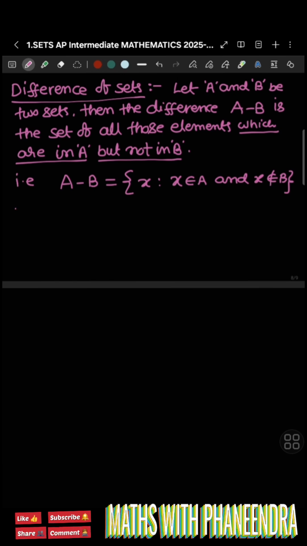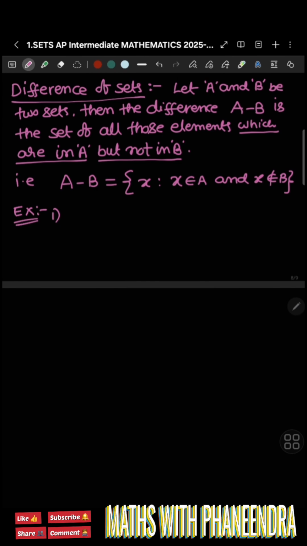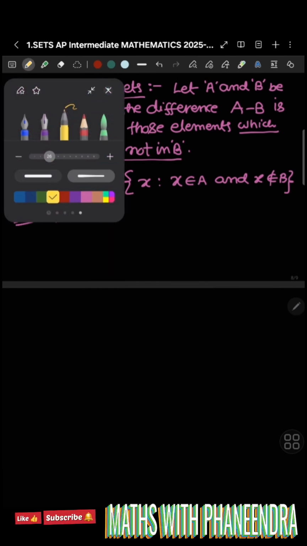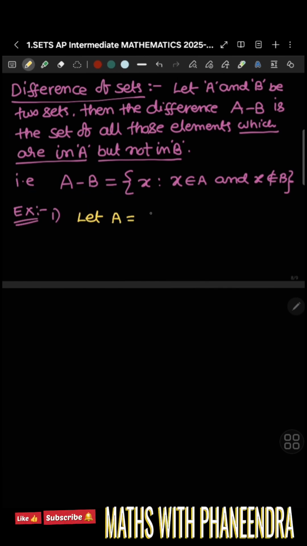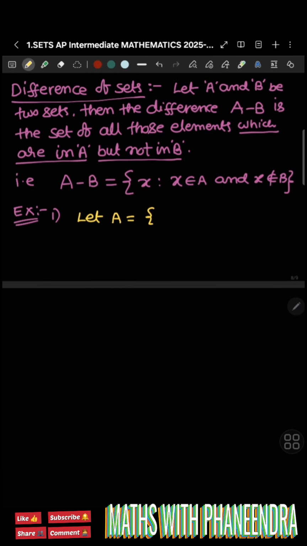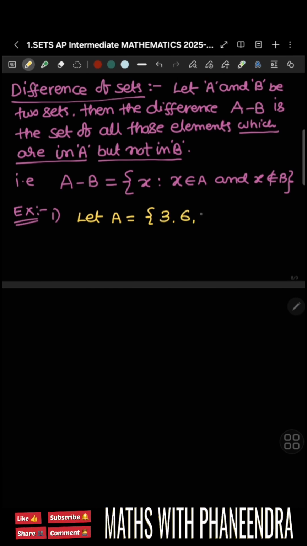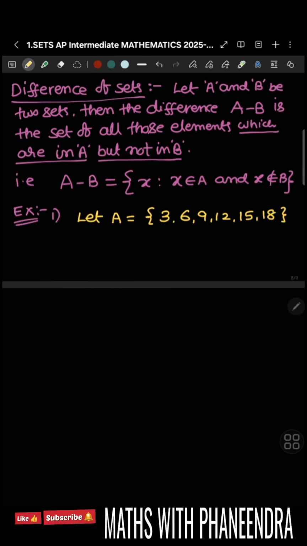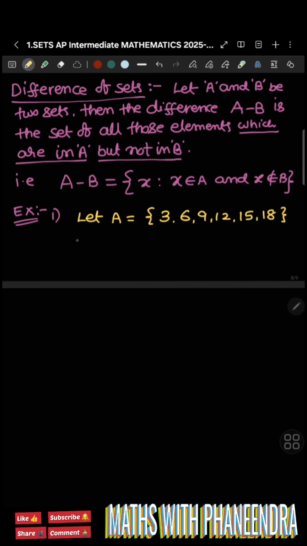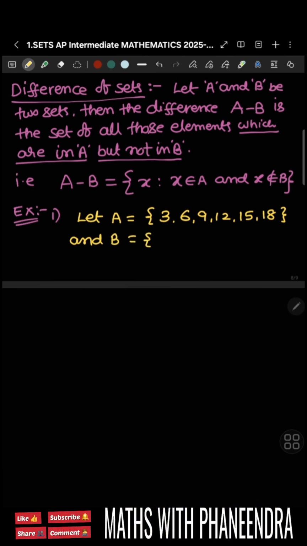For example, we'll consider some example. Let A equal to, numbers we can consider 3 multiples till 18: 3, 6, 9, 12, 15 and 18. Next, B equal to 2 multiples till 18, you can take it.